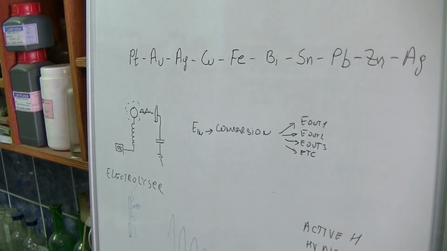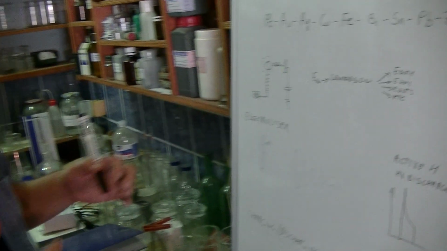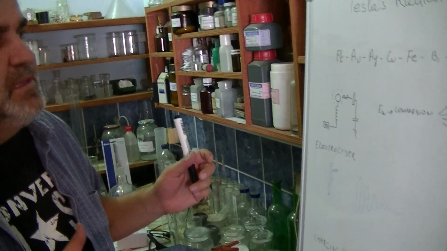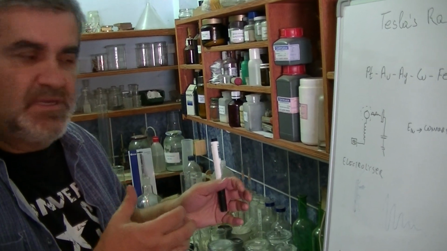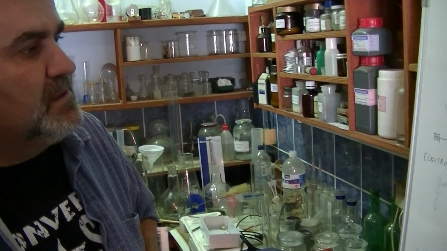Also active hydrogen can be made if you produce it by high voltage discharge in a hydrogen ambient. So this hydrogen can make some chemical reactions which hydrogen from the bottle cannot do.